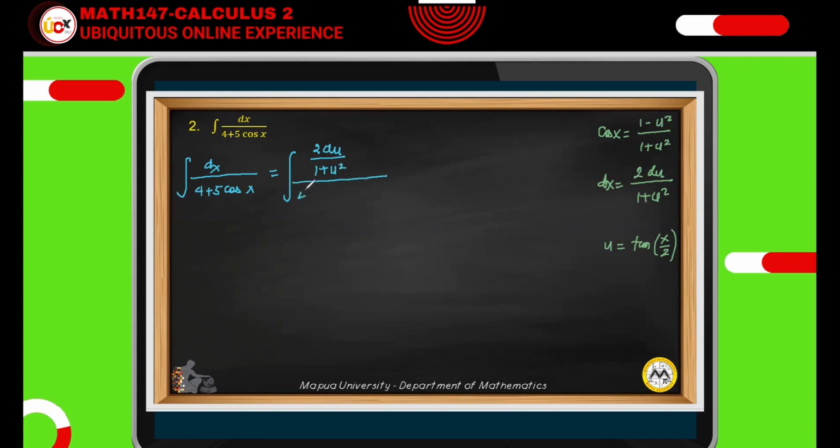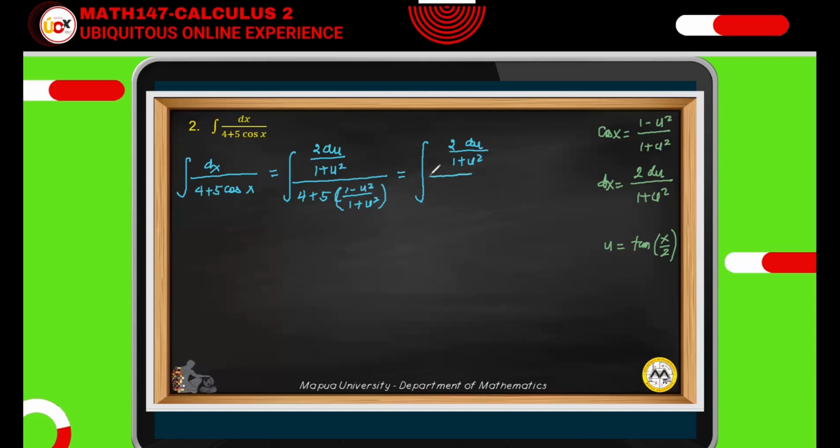The denominator is 4 plus 5 times the quantity cosine of x, which is 1 minus u squared over 1 plus u squared. So we have to multiply this by 5. And then let us simplify further. So this gives us the integral of 2 times the differential of u over 1 plus u squared.